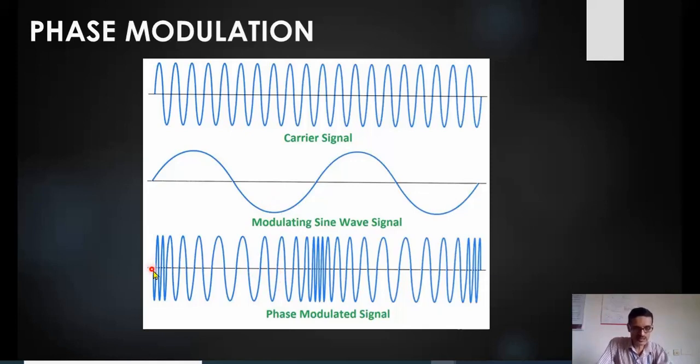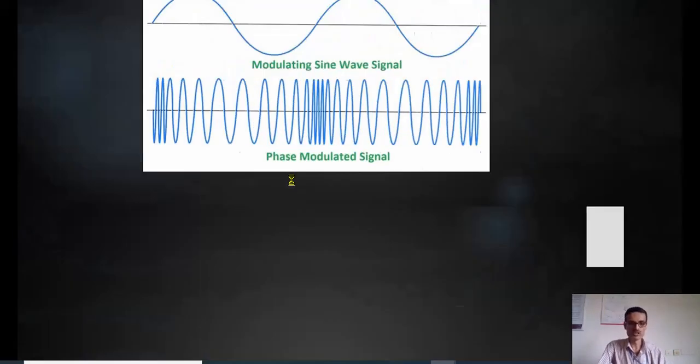If the voltage is somewhere here or somewhere here, the phase variation is large because the amplitude is increasing, and here the phase variation is less, or the frequency is smaller, compared to the same amplitude at different points. So this is the phase modulation technique.